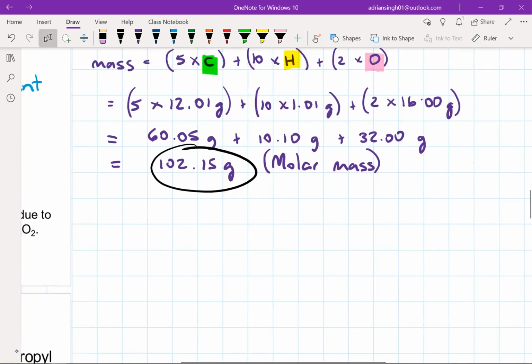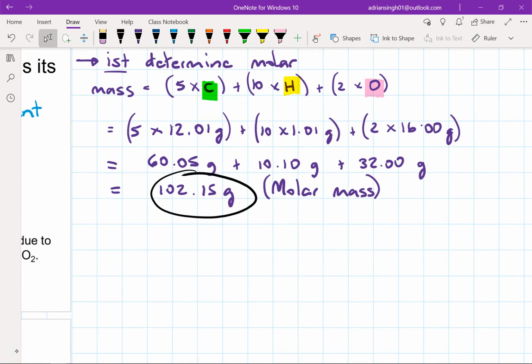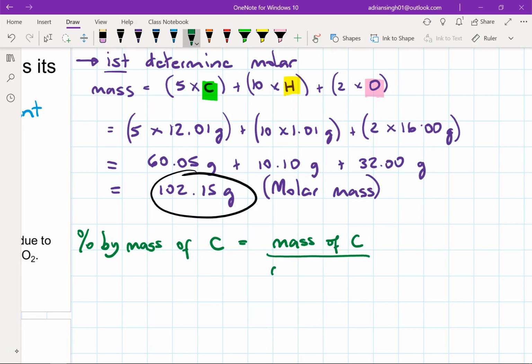Once we have our molar mass, to determine the mass percent of each of those elements in the compound, we have actually already determined those numbers just by calculating the molar mass in the first place. So let's take a look. The percent by mass of carbon would be the mass of carbon divided by the molar mass times 100.